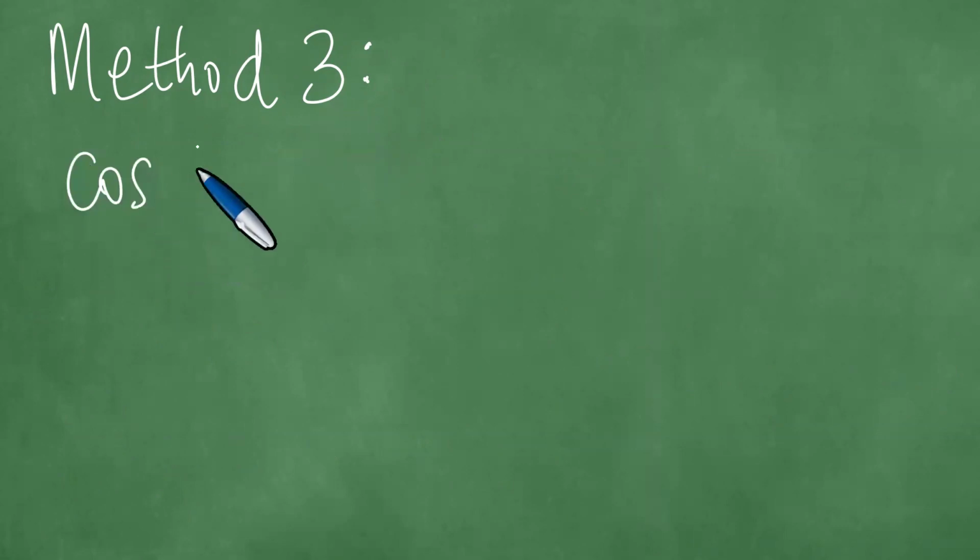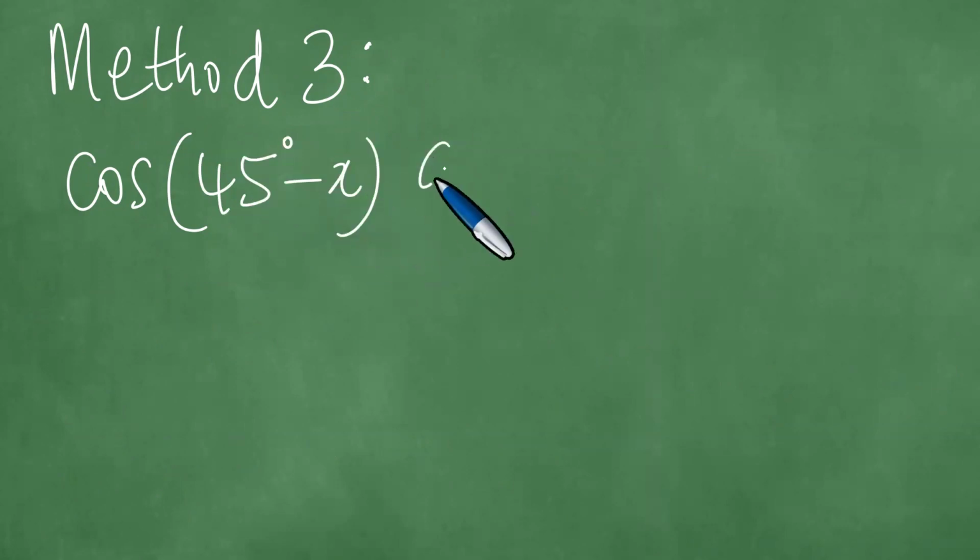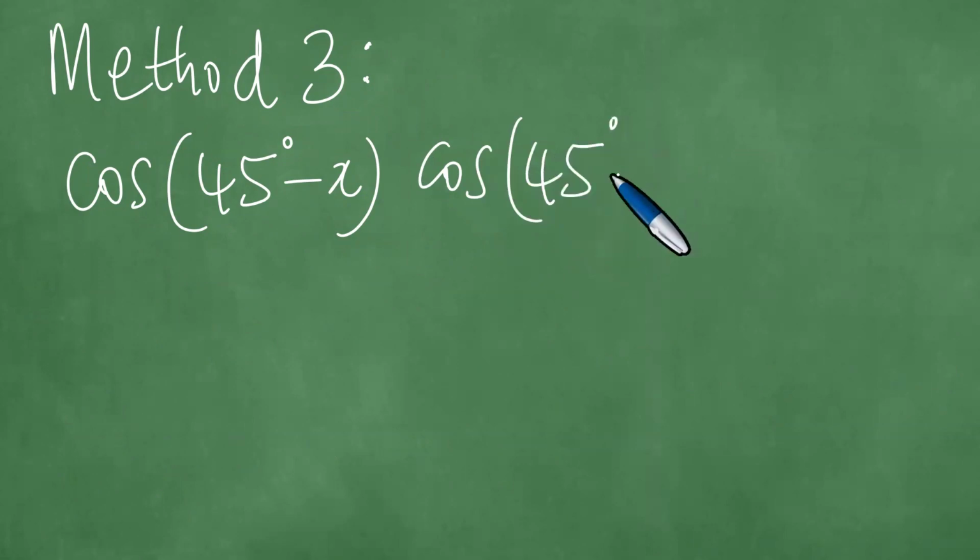In method 3, you have the cosine of 45 degrees minus x, cosine of 45 degrees plus x. And then what do we do here? Now there is a method we can use to find the maximum and minimum using the compound angle formulae.